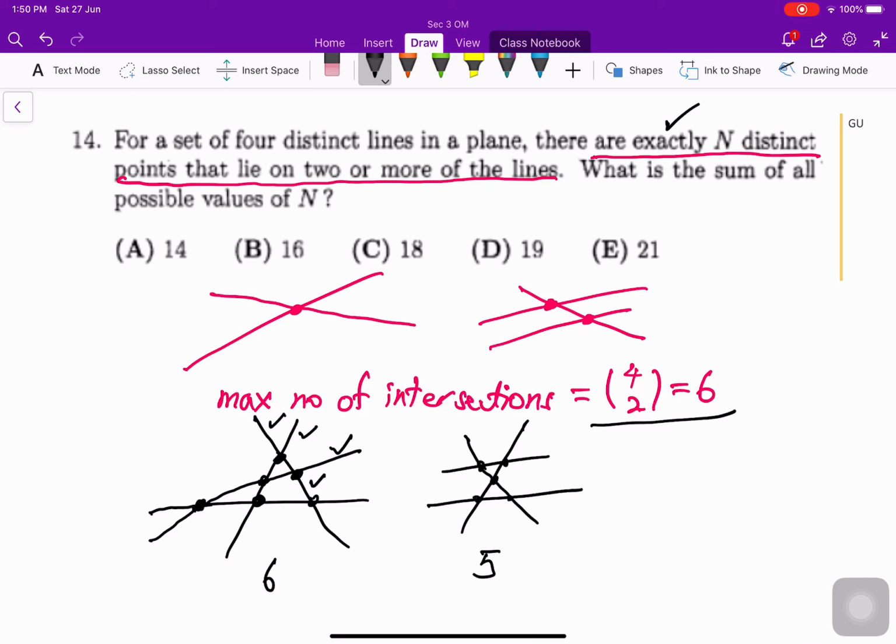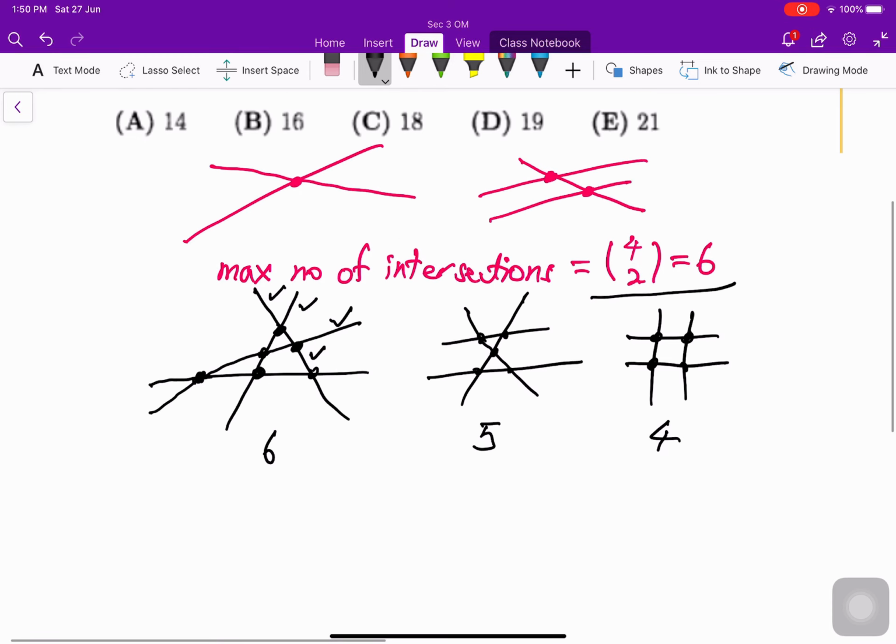Let's look at another case. Let's say you have four intersections. How do you get it with 4 lines? Maybe in this case you will have this, 4 intersections, like this. And then let's say you look at 3 intersections. How do you get 3 intersections?